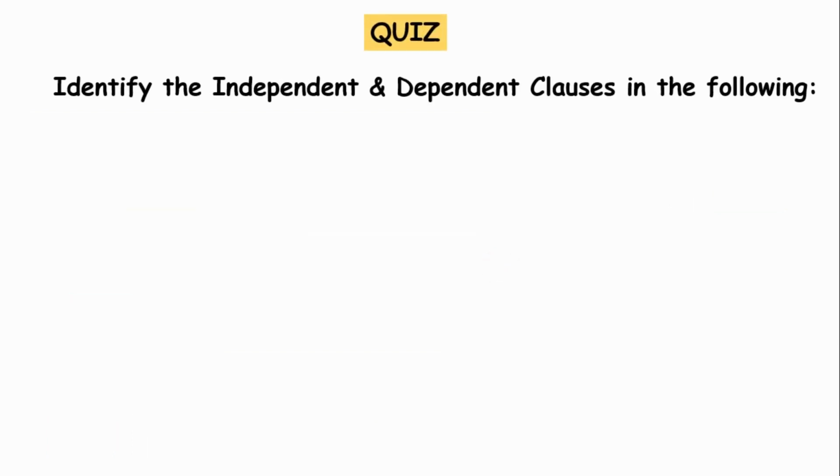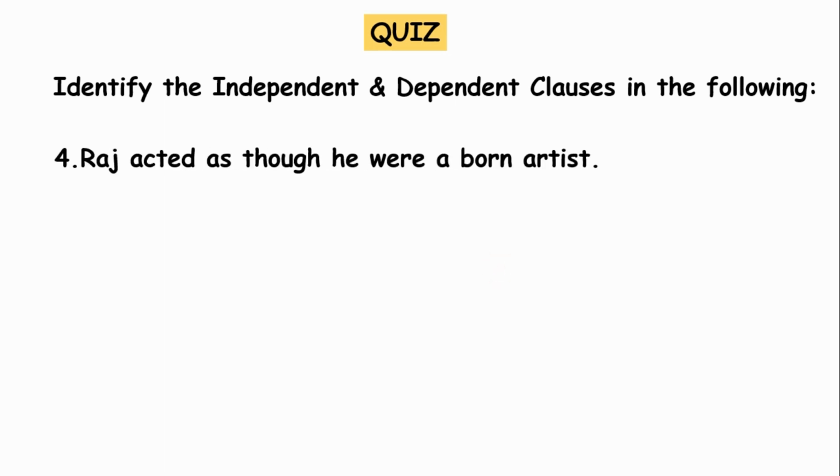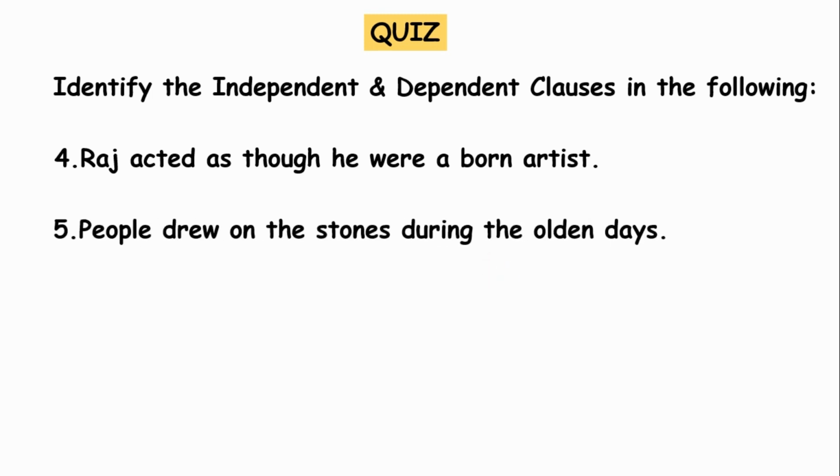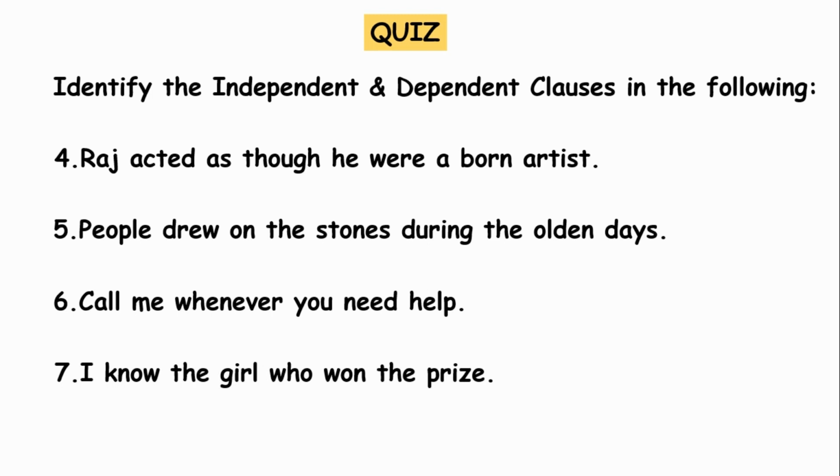Now let's have a look at our simple quiz. Identify the independent and dependent clauses in the following sentences. Raj acted as though he were a born artist. People drew on the stones during the olden days. Call me whenever you need help.